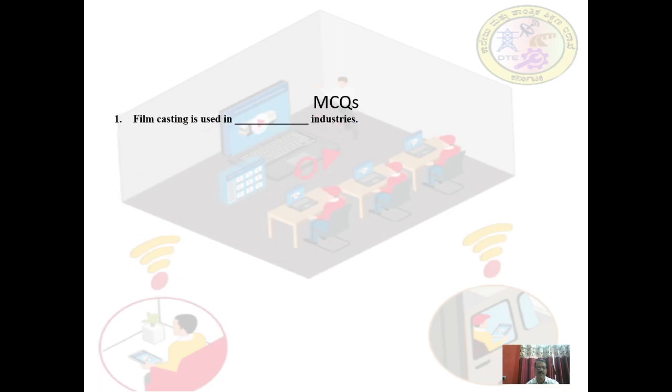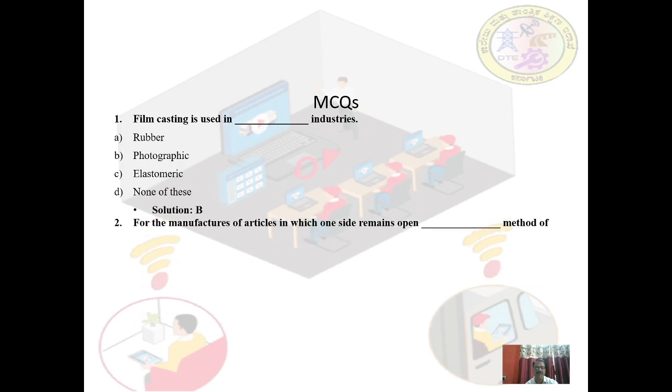Question number one. Film coating is used in dash industries. Option A, rubber. Option B, photographic. Option C, elastomeric. And D, none of these. Answer is option B, that is photographic industry, in the manufacture of photographic film. Question number two.